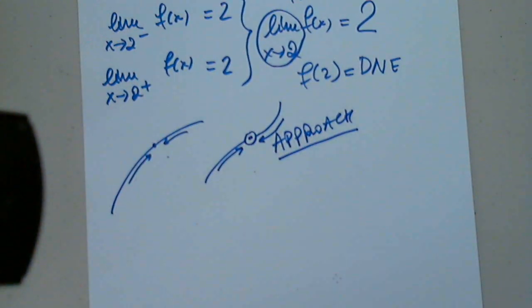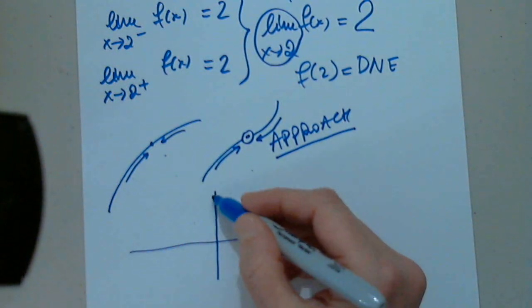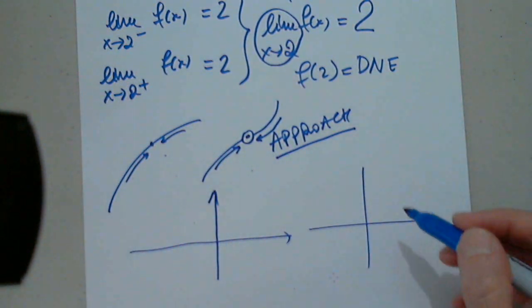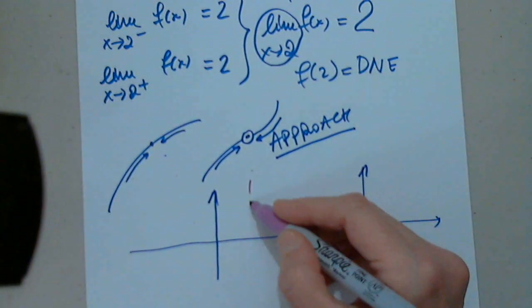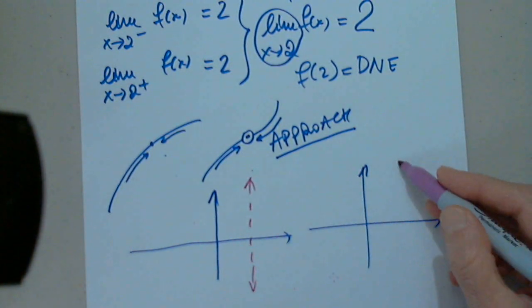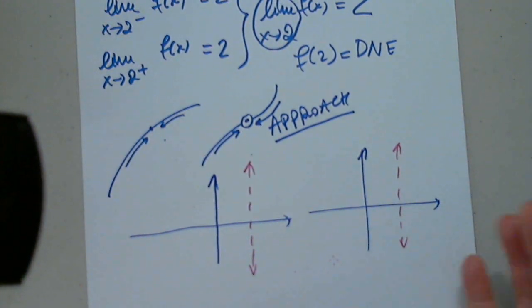Now, there is something that I want to explain with an example, maybe two examples. You mentioned a while back, a few minutes ago, vertical asymptotes. So let's say x equals 4.